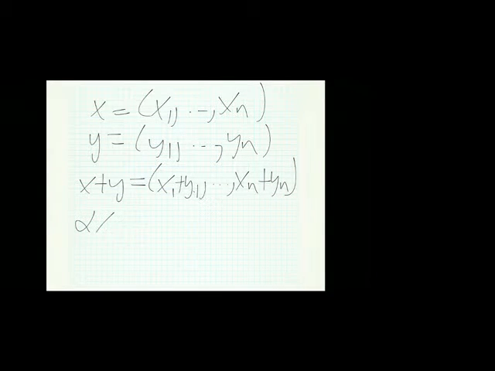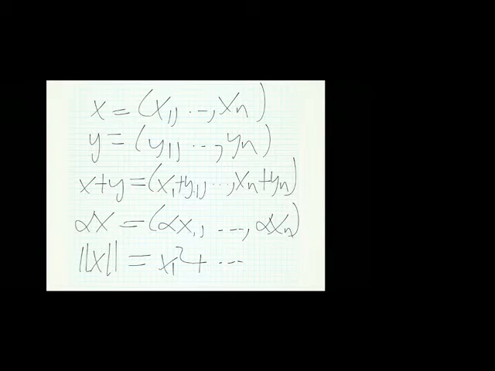We can define scalar multiplication also in a simple way, like this. Just multiply each number by alpha. And then the norm. Well, once again, the norm is a natural generalization of what we saw in R2. It's the sum of all the squares of the numbers, and then you take the square root.